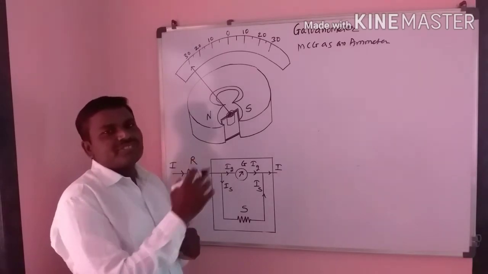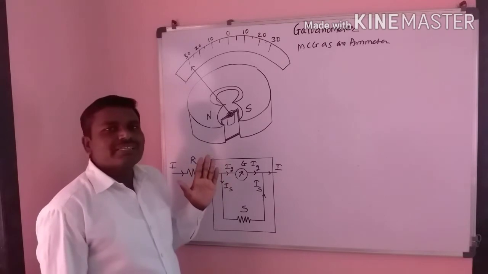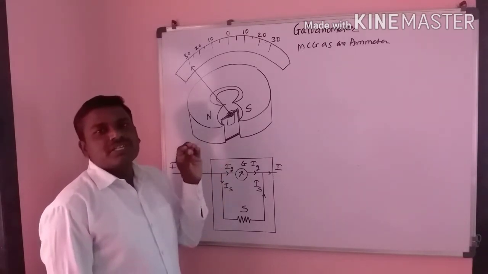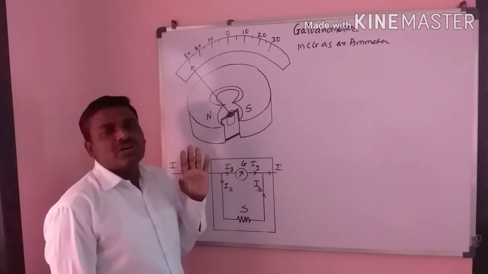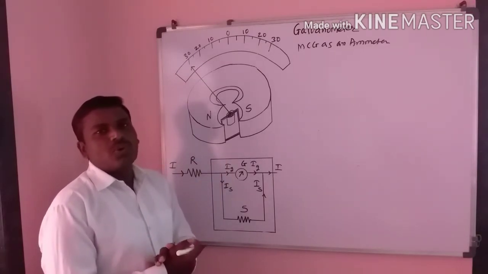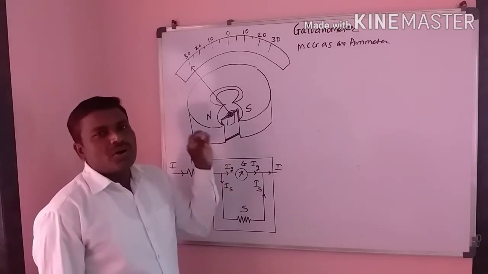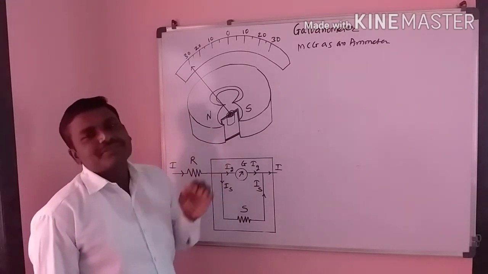Its resistance must be decreased. We can say that an ammeter is ideal when the resistance is 0, or very low. At that time we can say that it is an ideal ammeter.